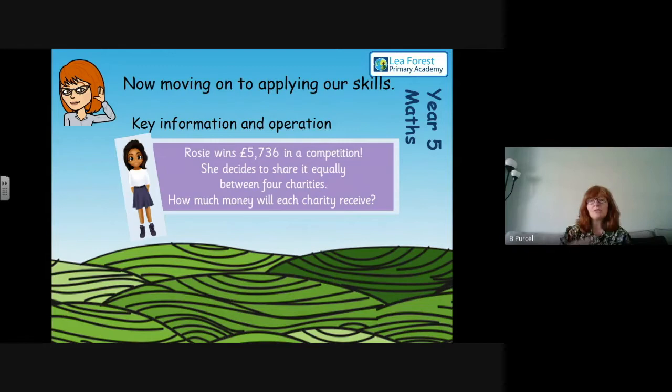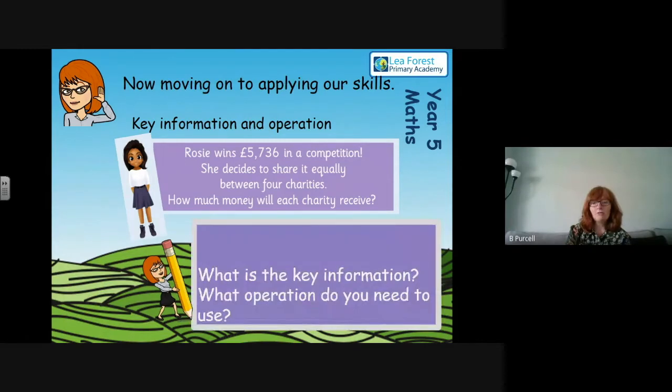She wouldn't give it to just one charity, she'd share it equally between 4 charities. So we've got to find out how much money each charity will receive. Lucky her. She's going to share it equally between the 4 charities.